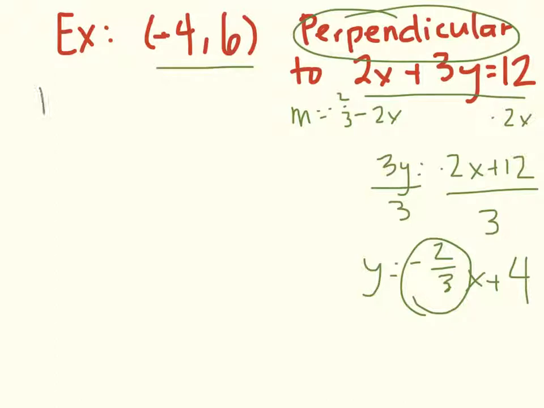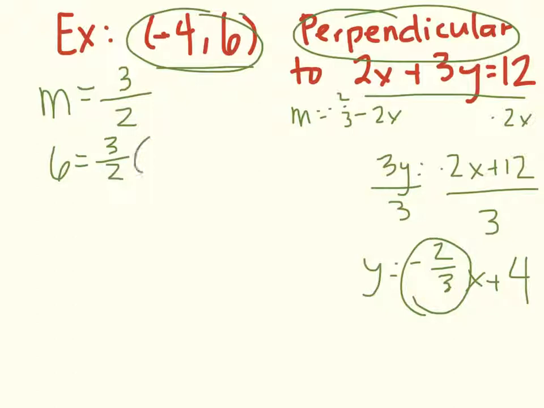So the slope over here is not -2/3, it's the negative reciprocal. So it's positive 3/2. Now I know the slope, and I know a point that it goes through, and I'll use the other method. I'll use y equals mx plus b. So 6 equals mx plus b.